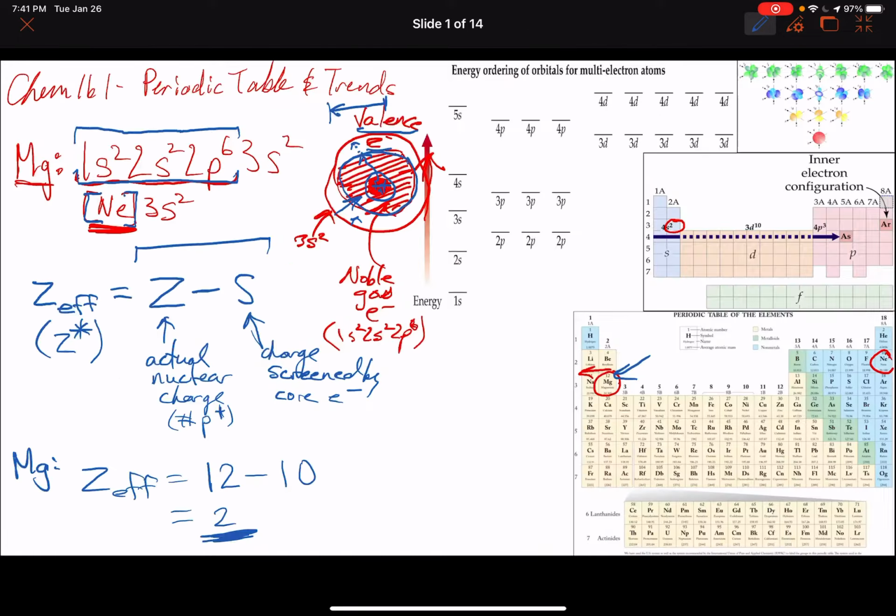So if we rewind, we know from our energy level diagram that we can predict from the periodic table valence electrons associated with higher n value are at higher energy, higher on this energy level graph, and they are further from the nucleus. So they'd be expected to kind of impact the atomic size, giving a larger atomic radius.